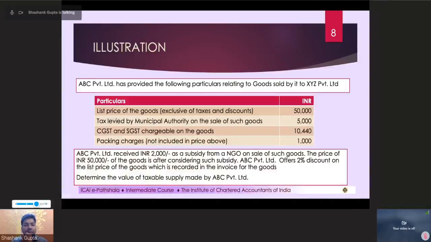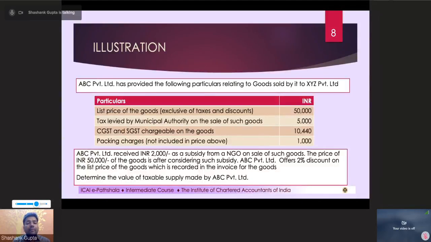I'll read out the question for all of you. ABC Private Limited has provided the following particulars relating to goods sold by it to XYZ Private Limited. List price of the goods, exclusive of taxes and discounts, is 50,000 rupees.